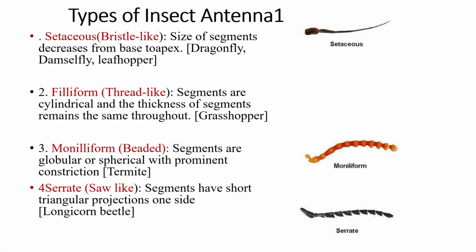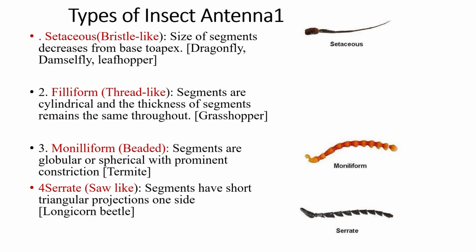And next is the types of antenna. Number one, setaceous: bristle-like, and the size of the segments decreases from base to apex. For example, dragonfly and leafhopper. The next is filiform: thread-like structure, the segments are cylindrical, and the thickness of the segments remains the same throughout.